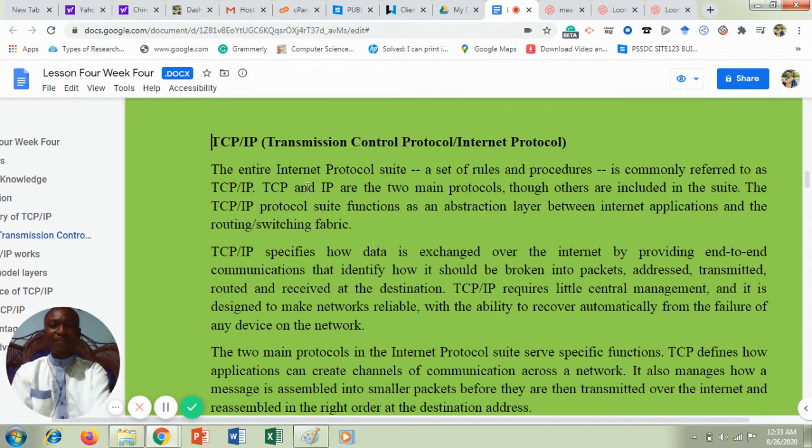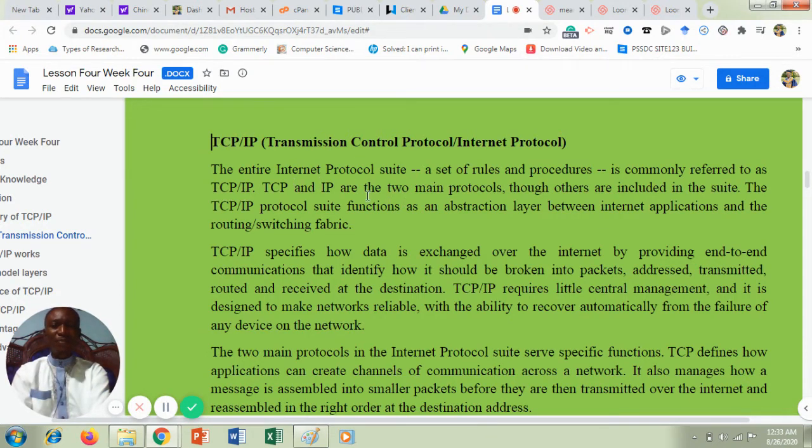Now let's dig deeper into what TCP/IP is, that is Transmission Control Protocol and Internet Protocol. It is the entire set of Internet Protocol tools. Everything that the internet needs is just this TCP/IP.